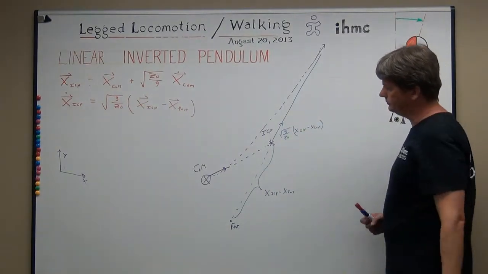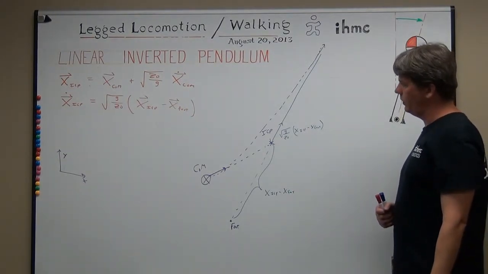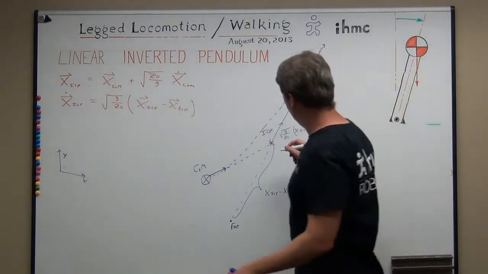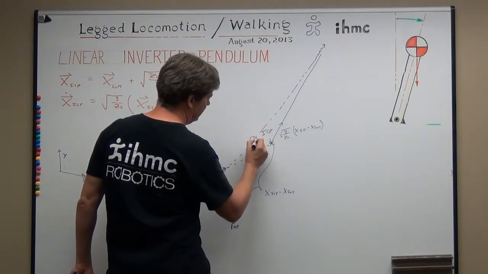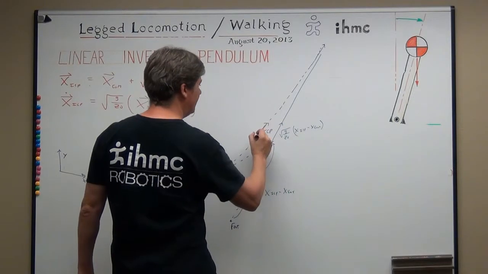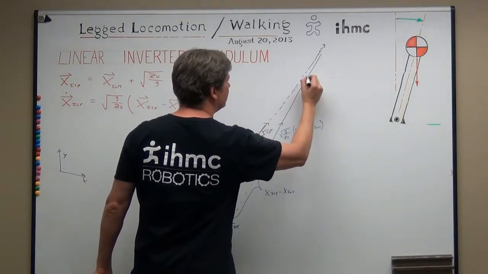And the distance between the center of mass and the instantaneous capture point keeps growing as we do this? It keeps going. Yep. And if we wait a little bit, suppose we wait till the center of mass is here, and its velocity is tangent to its path, then the instantaneous capture point will be here at that point.